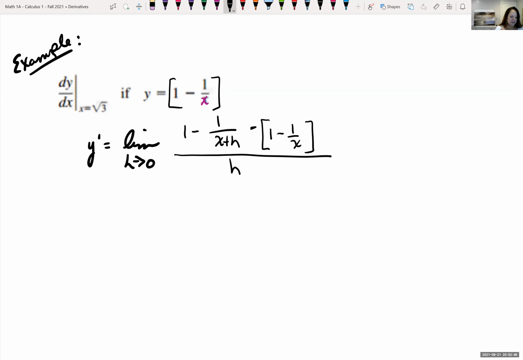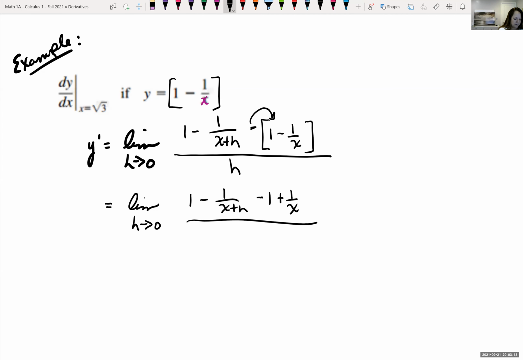So let's distribute that negative inside the bracket, and then let's combine like terms, if possible, which it is. So we have the limit as h approaches 0 of 1 minus 1 over x plus h. But notice when we distribute this -1, we get -1 times 1 is -1, and -1 times this -1 over x gives me plus 1 over x, all over h.